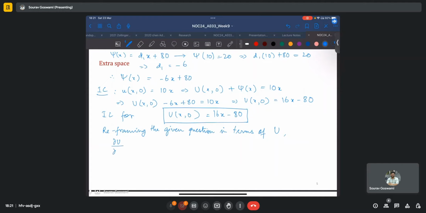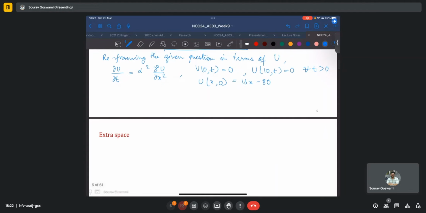So the problem for you would be ∂U/∂t equals α² ∂²U/∂x², given the boundary conditions: U at 0 comma t is 0, U at 10 comma t is 0 for all t greater than 0, and U at x comma 0 is equal to 16x minus 80. This is a problem we are already familiar with, so let's just solve it very quickly.